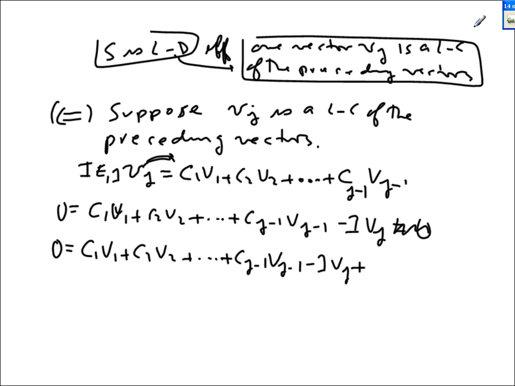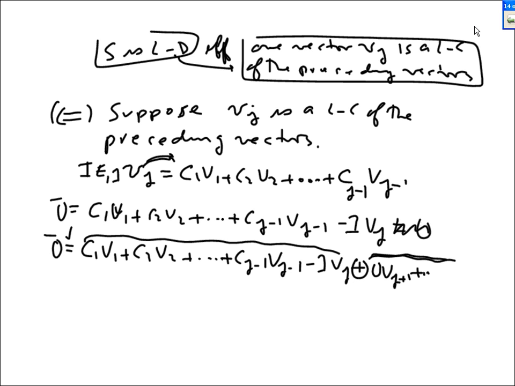Now I'm going to write down something else that's going to equal 0. And if this is 0, and what I'm adding is also the 0 vector, then yes, it will equal the 0 vector. Well, 0 times vj plus 1 is 0, and I go all the way up to 0 times vn is 0.